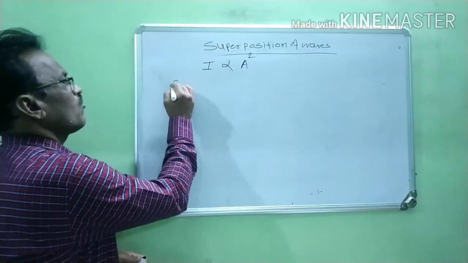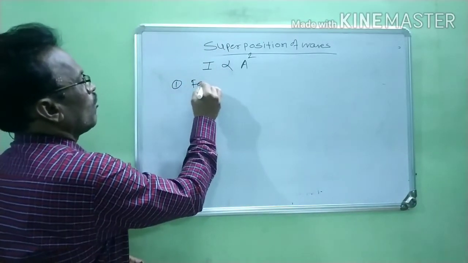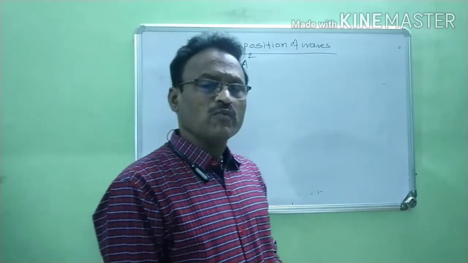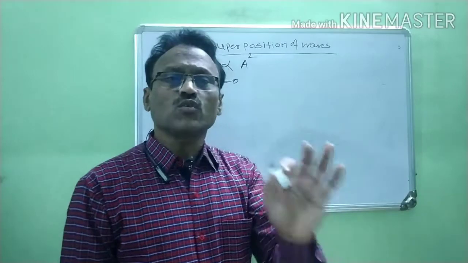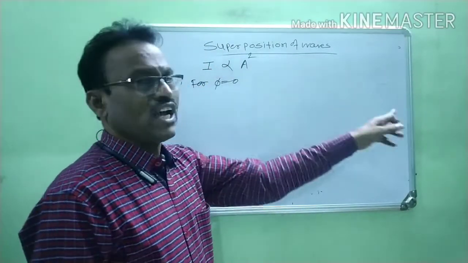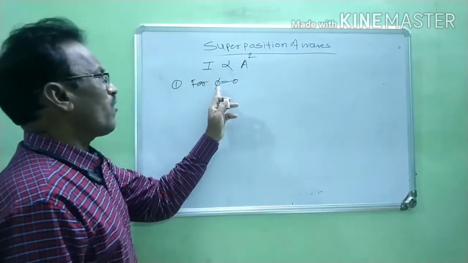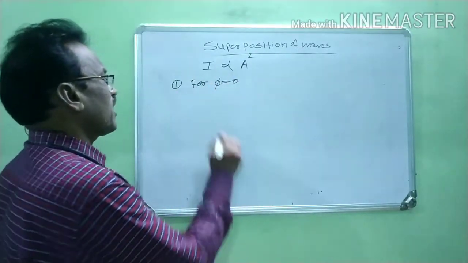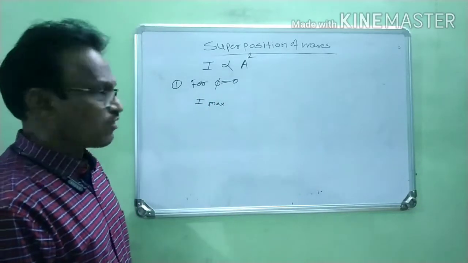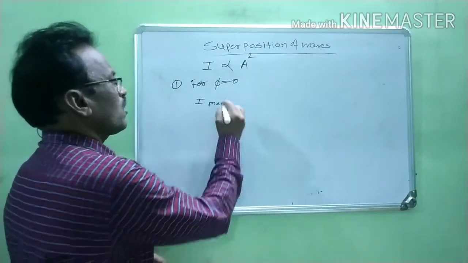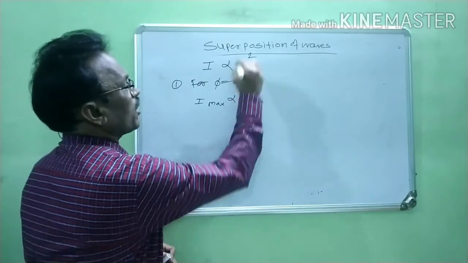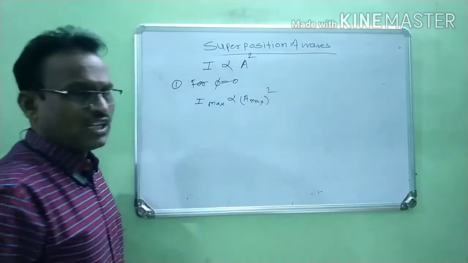Now we consider the first case, for phi equal to 0, means when the phase difference between two waves is 0. At that time, what is the relation between intensity and amplitude? Now when angle phi is 0, at that time we consider I max. I max is proportional to A max square, right?